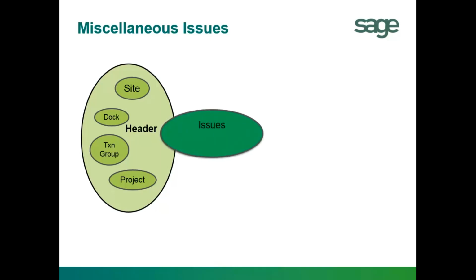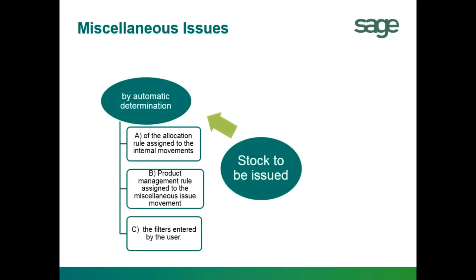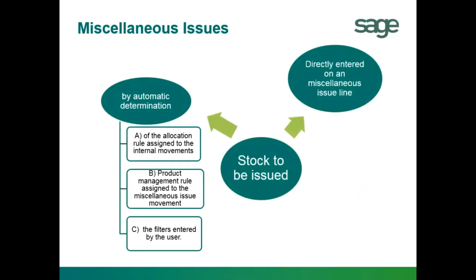The product can also be issued in two ways: by automatic determination or manual selection. If the transaction is set up for automatic determination of stock to be issued, the system attempts to automatically determine the stock to be issued on the basis of information entered for the line, the allocation rule assigned to the movement for the product category, and the product management rule assigned to the miscellaneous issue.